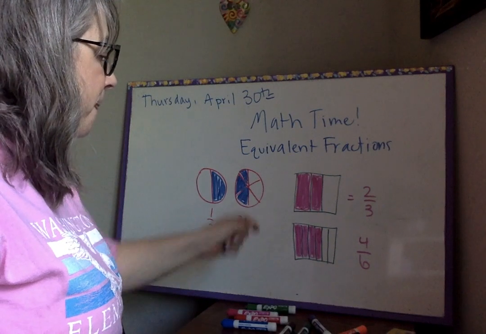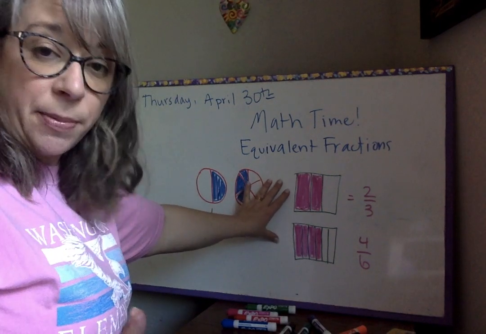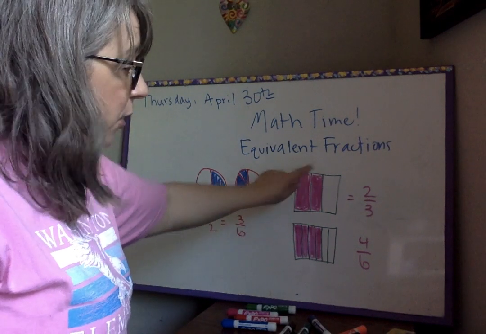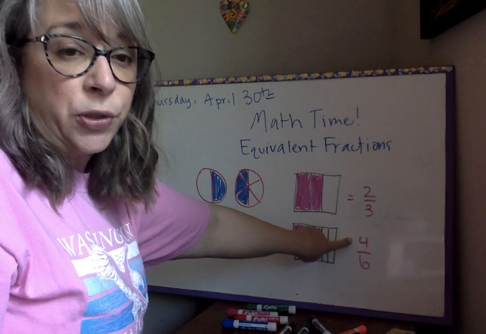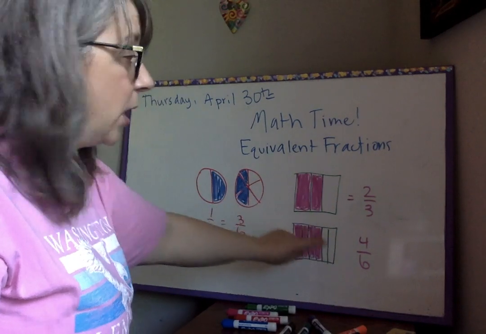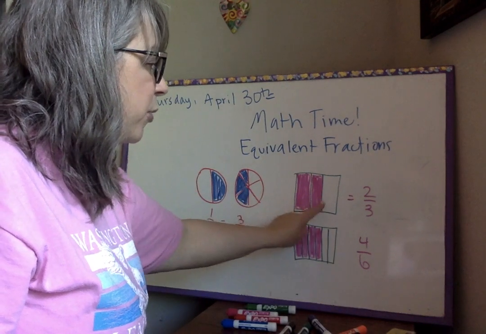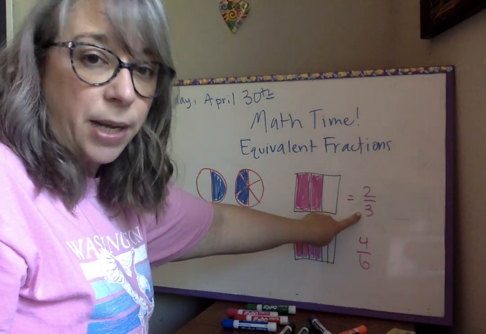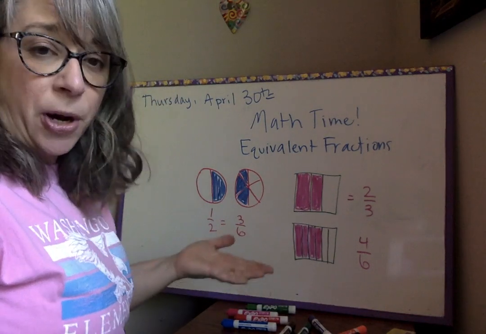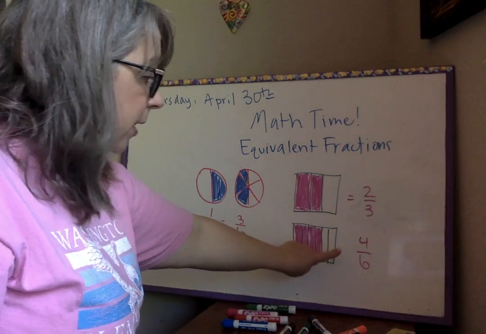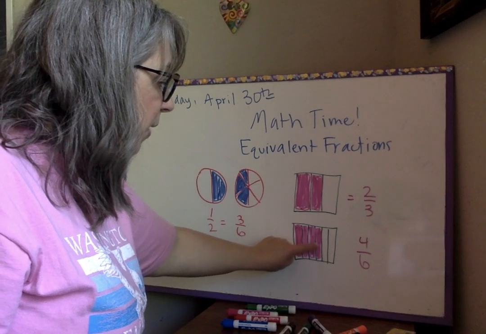So let's look at this one. I'll explain a little bit more in a minute. 2/3 is going to be equal to 4/6. So how many parts do we have to our whole? 1, 2, 3. We have 3 parts to our whole, so that's our denominator. How many parts do we have in this one? 1, 2, 3, 4, 5, 6.